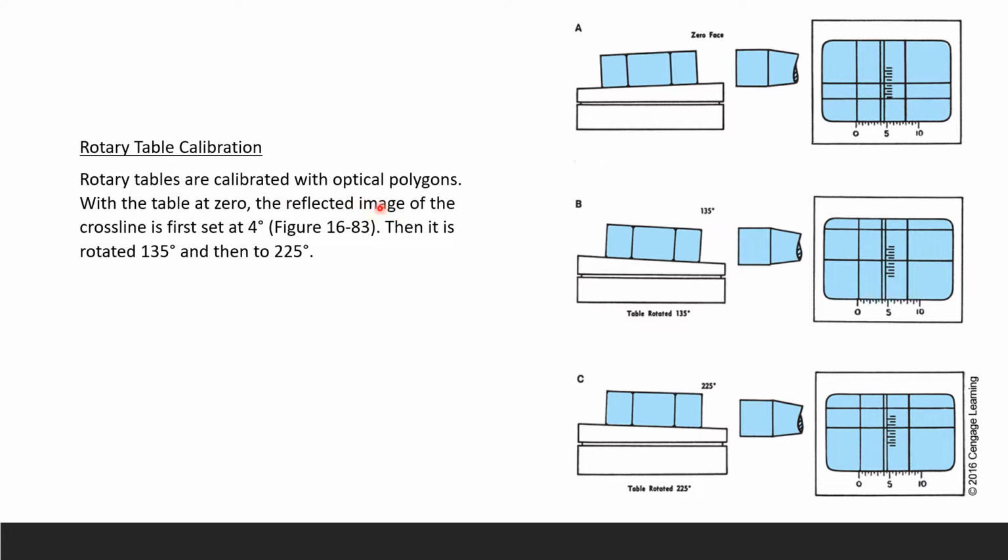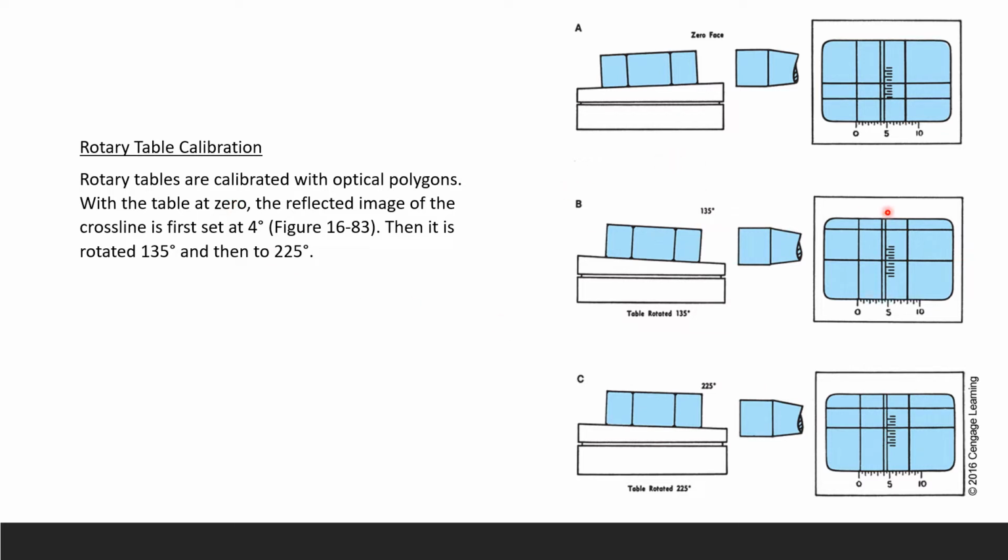That reflected image of the cross line is first set at 4 degrees, alright? Then it is rotated to 135, and then we rotate it again to 225. So even at 0 set, the very first one is about a 4 degree angle, and then we go 135, and then 225, and that's what we do in calibration.